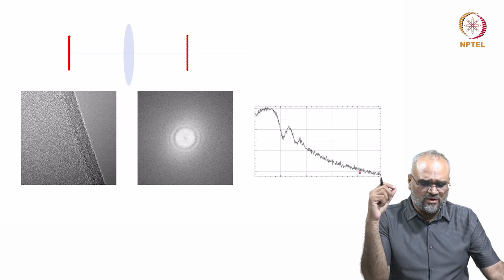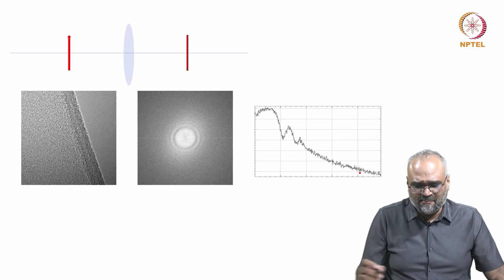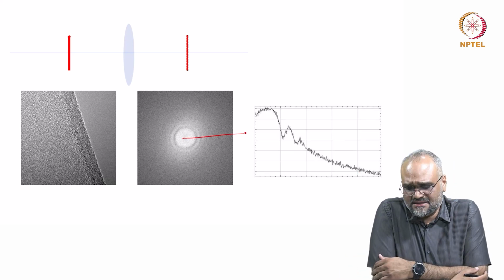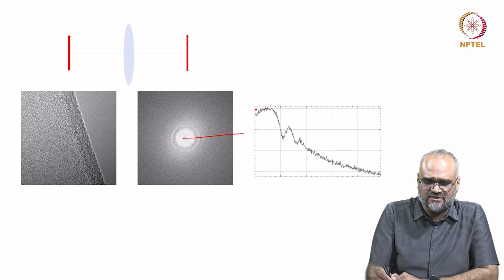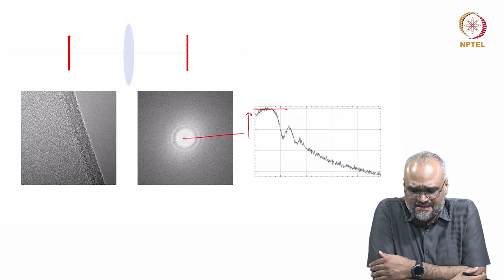So what you have to note here is when I look at the amplitude which is obtained from the Fourier transform here, I am actually getting the modulus of this particular value. So I see this appearing on the upper side of the scale on the graph, unlike the previous graphs.